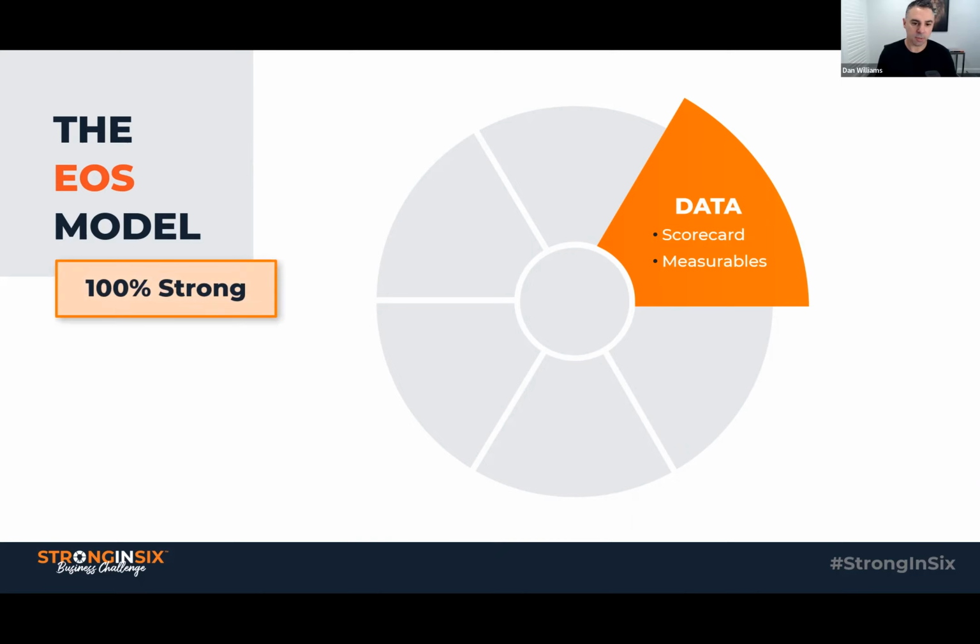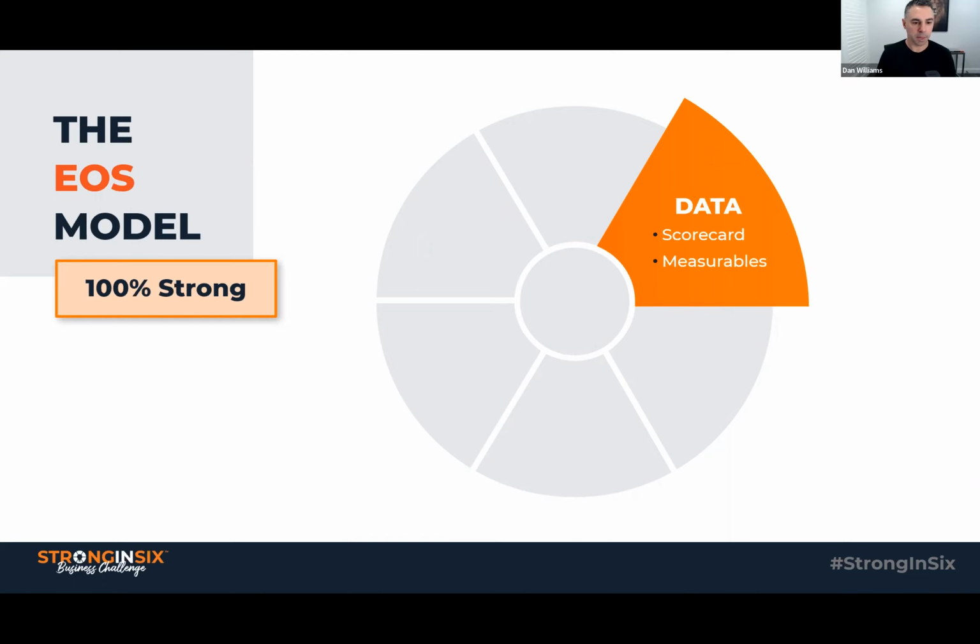And that takes us to what 100% strong in this data component looks like. We have a handful of numbers that are our weekly finger on the pulse of the most important numbers. And we call that a scorecard. And we're able to hold people accountable to the goal and do something if it's off track.